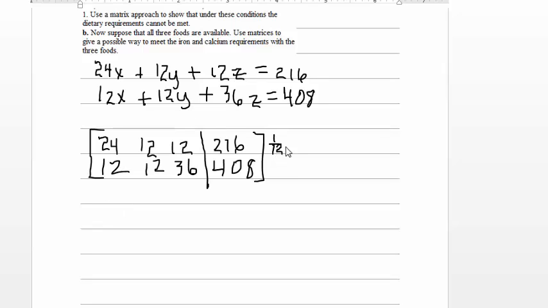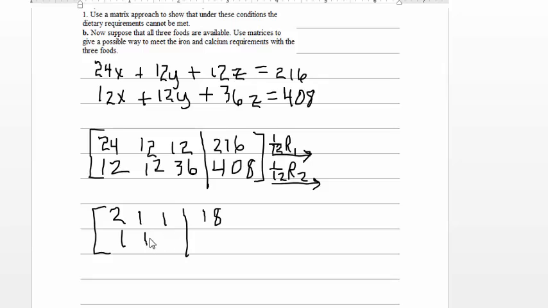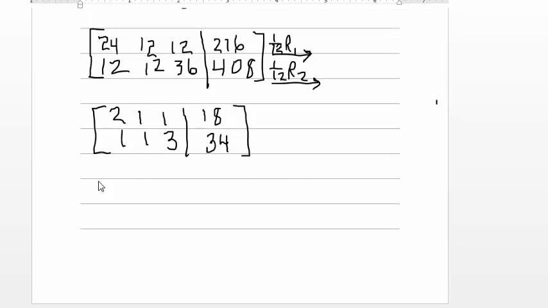Again, I'm going to divide each equation by 12 to make my coefficients smaller, which I always want to do if possible, but I do want to avoid fractions. So the first row is 2, 1, 1, 18, the second row 1, 1, 3, 34 when I divide each component by 12.